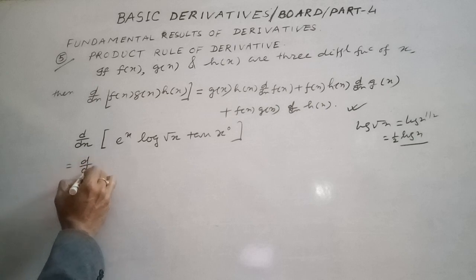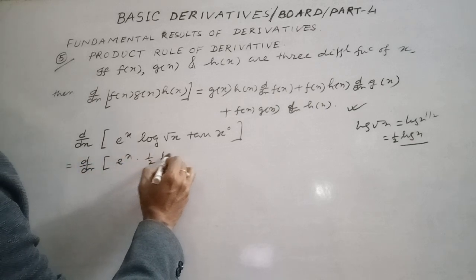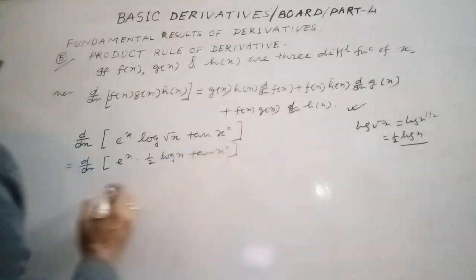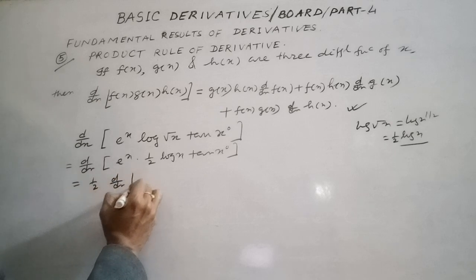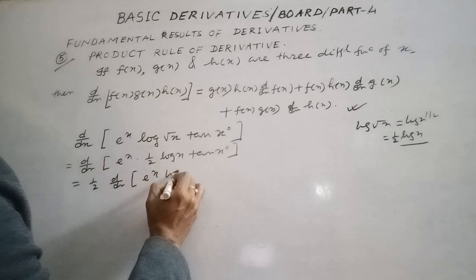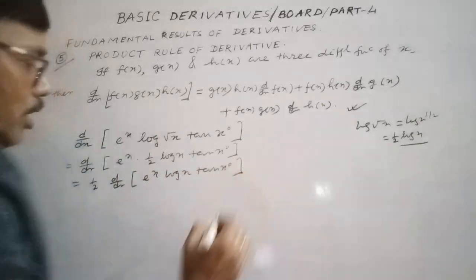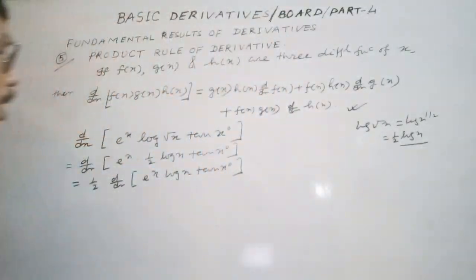d/dx of e to the power x half log x tan x degree. So half is outside, d/dx of e to the power x log x tan x degree. So c into f(x), c outside.